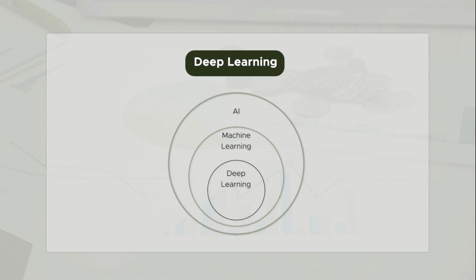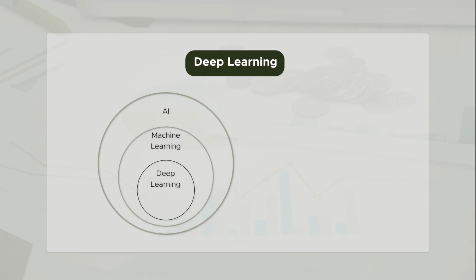This is a subset of machine learning which uses something called neural networks for in-depth data processing and data analysis. So multiple layers of artificial neural networks are used to extract meaningful inferences like a human brain does.